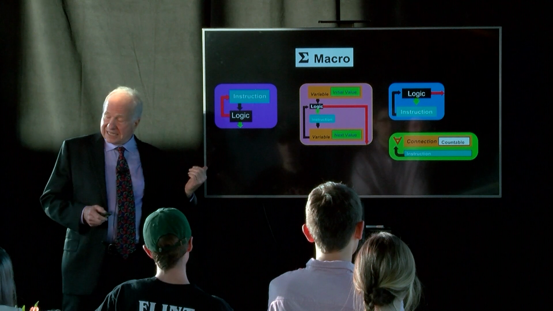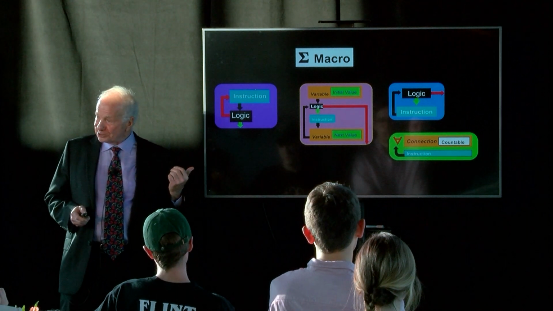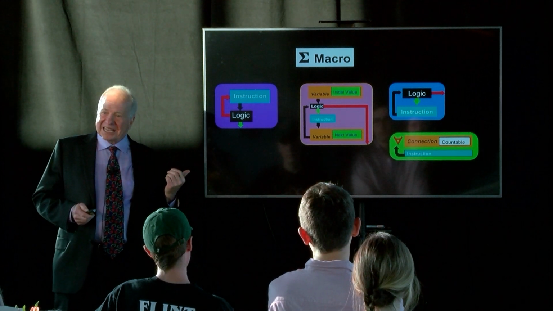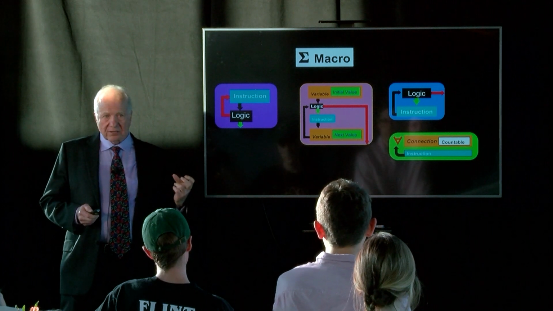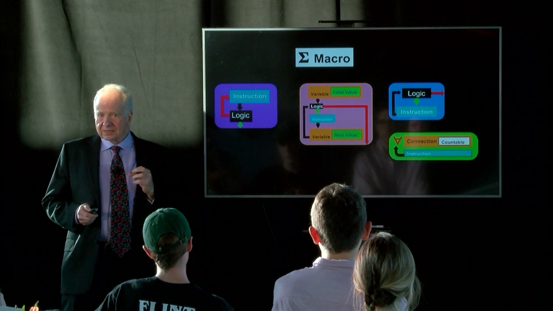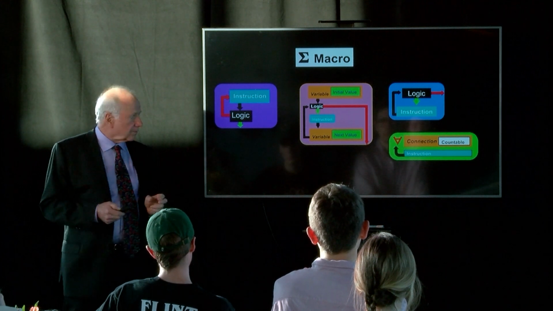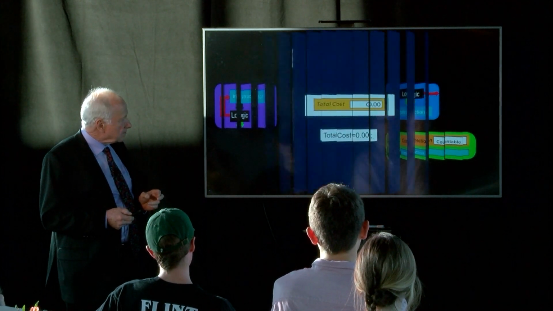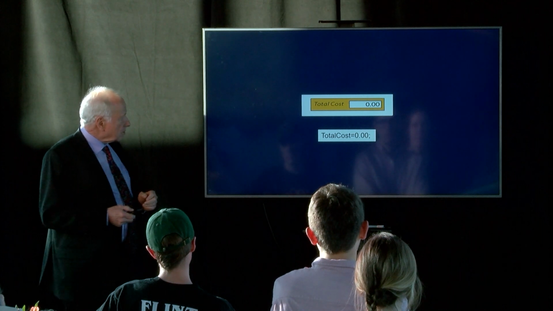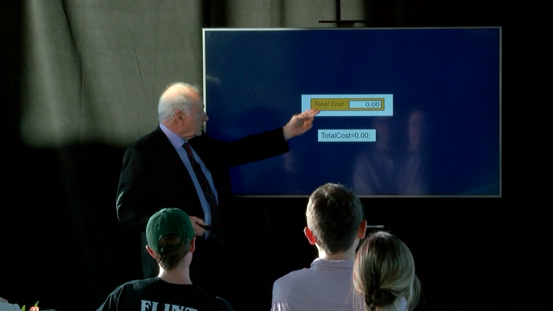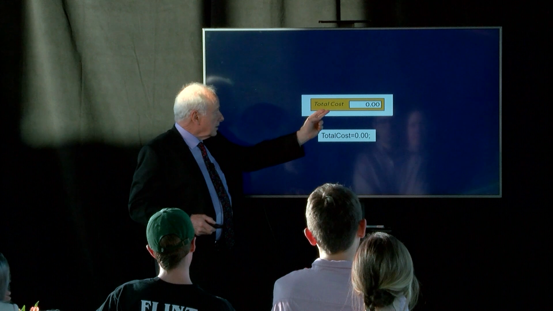Anyway, most computer languages have macros, and this would be the counterpart, but this is doing macros not as an add-on, but as an integral part of the software, of the language. Well, just repeating, here's the way I do a connection statement.